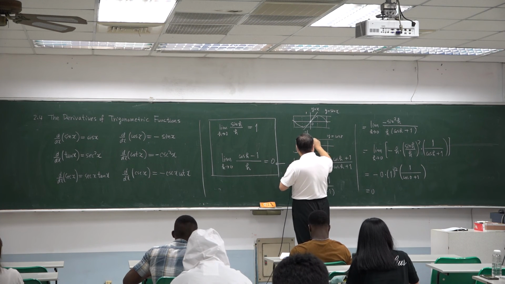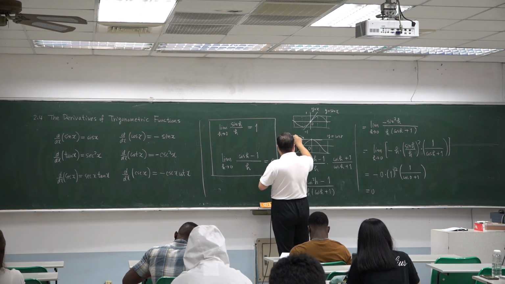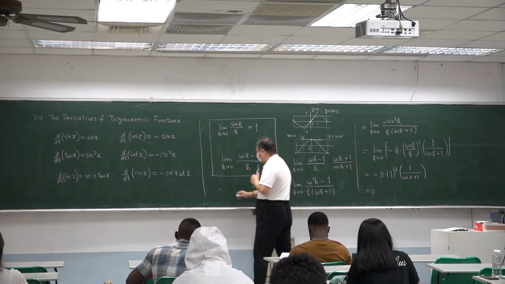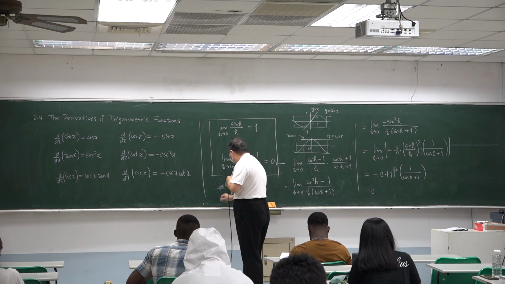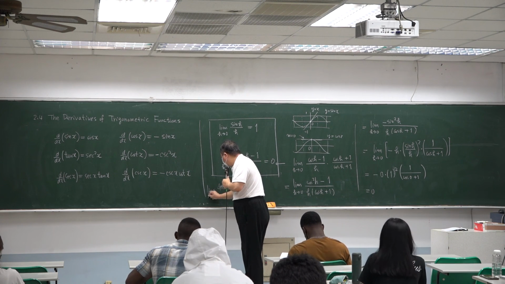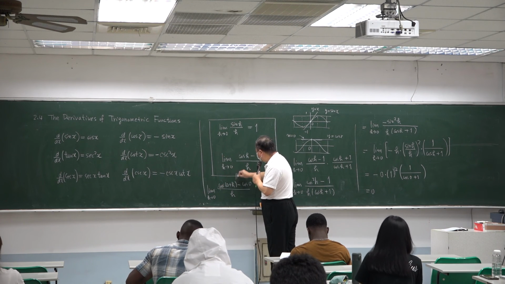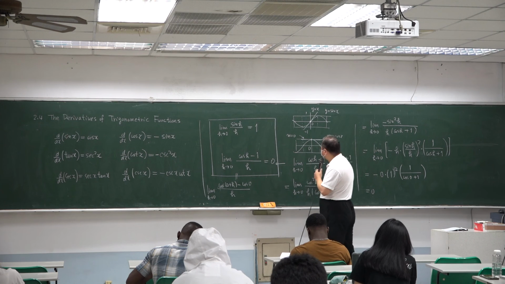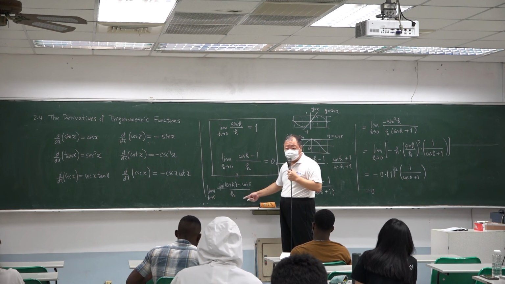When at 0, the slope is exactly cosine 0 plus h minus cosine 0 over h. Same. This is the limit of a difference quotient.